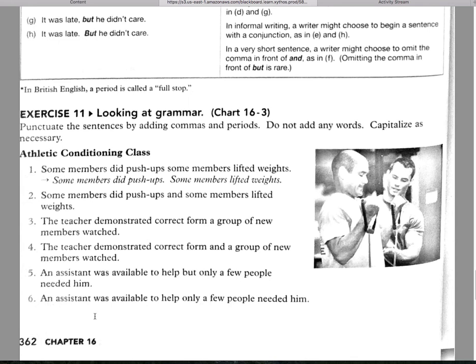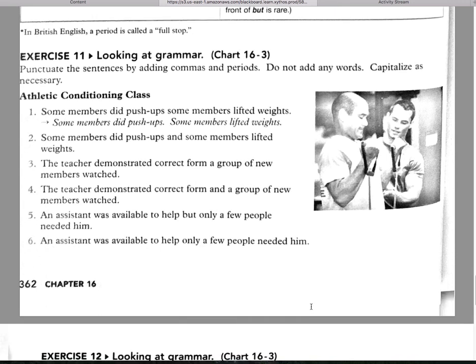You could also use a semicolon. An assistant was available to help, semicolon, only, lowercase o, a few people needed him. But the period is more common. Both are correct.